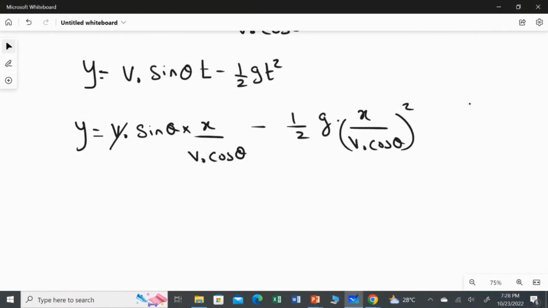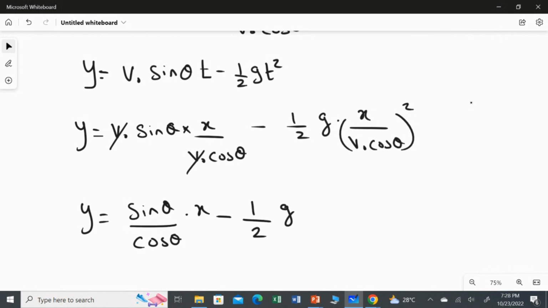V naught gets cancelled with this v naught. So this will become y equal to sine theta over cosine theta multiplied by x, and in the second part, minus half g multiplied by x square over v naught cosine theta the whole square. Because this is a whole square, this square is applicable for x and for v naught cosine theta.